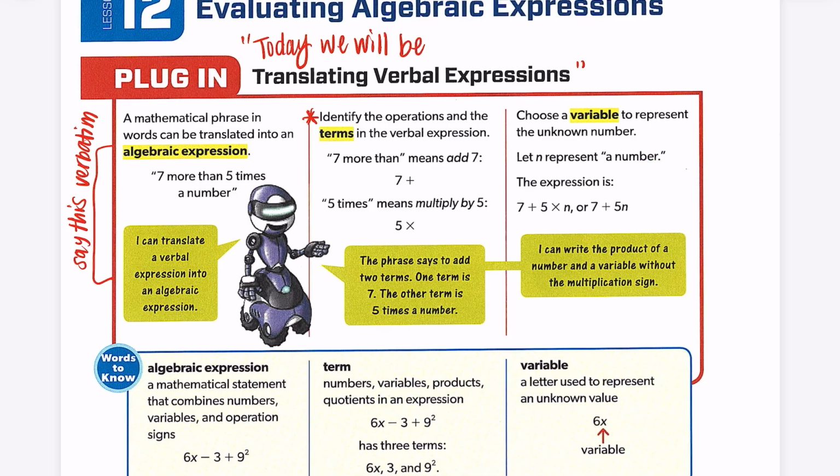So far, again, we have 7 plus and we have 5 times. We are going to show 5 times a number as 5 times n, or we can show 5 times a number by just saying 5n. So this is how you would write the entire algebraic expression that matches with this mathematical phrase in words.